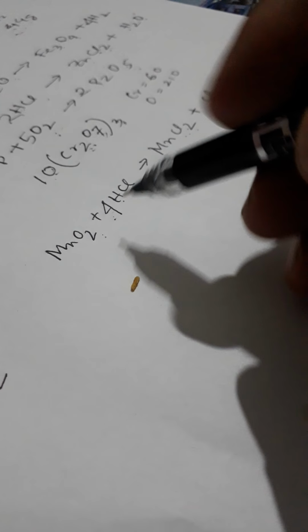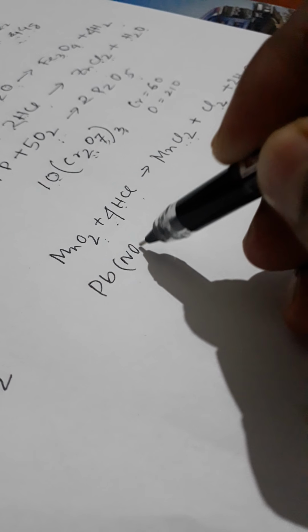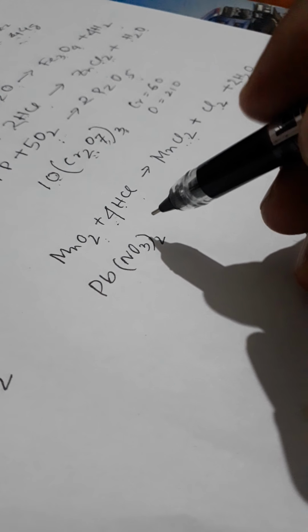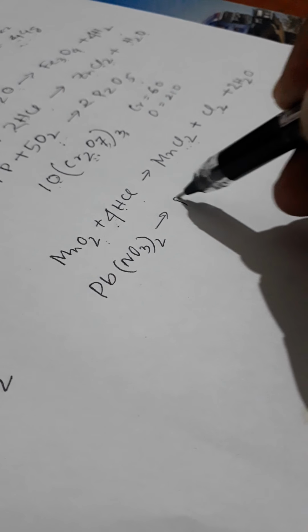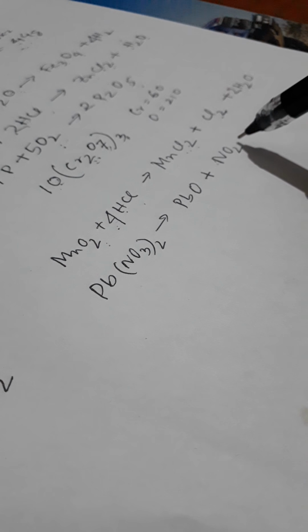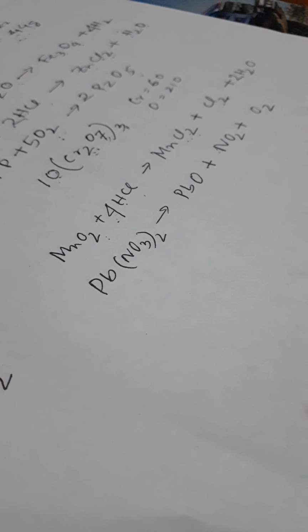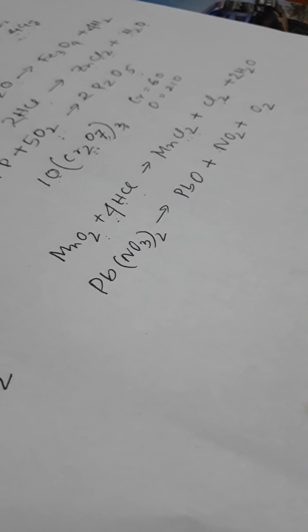Now taking another example, lead nitrate, Pb(NO3)2. Products are lead oxide, nitrogen dioxide and then oxygen. How will you balance?